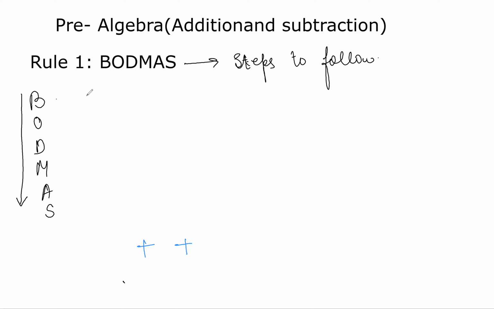The first B stands for brackets. The O stands for order, which you will be learning in my upcoming videos. So this means order, and I can just simply write a few examples.